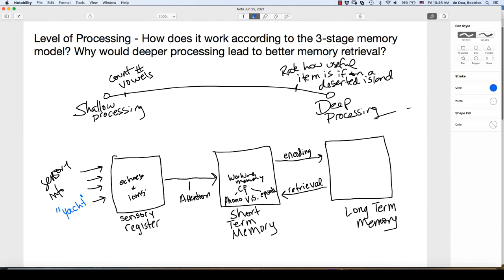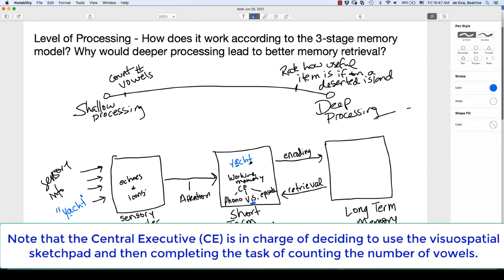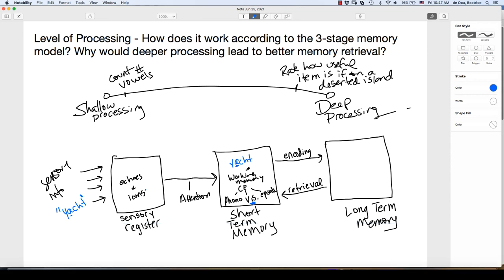So you may not even need to read it and sound it out. So you're going to bring it in here into working memory, and you're going to identify the A just by looking at it. So you're using only your visual spatial sketchpad, and there's no meaning attached to the word. You're not really thinking about what a yacht is and what it's used for.